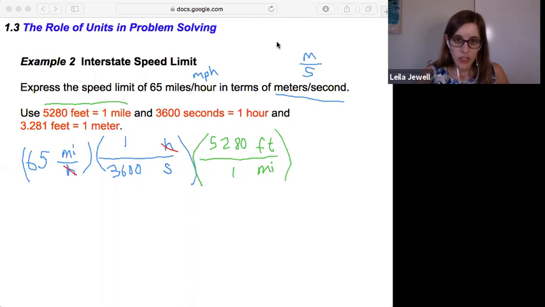And now when we check this, the miles are going to divide out, and we'll be just left with feet at this point, right? So right now we have feet divided by seconds, which is not yet meters per second. So, okay, we need to do a little more work. Mostly we need to get rid of that feet.